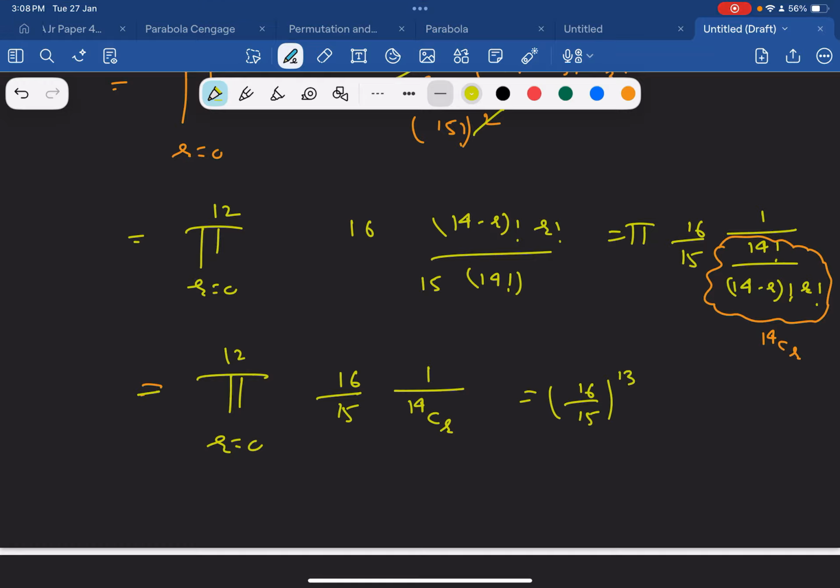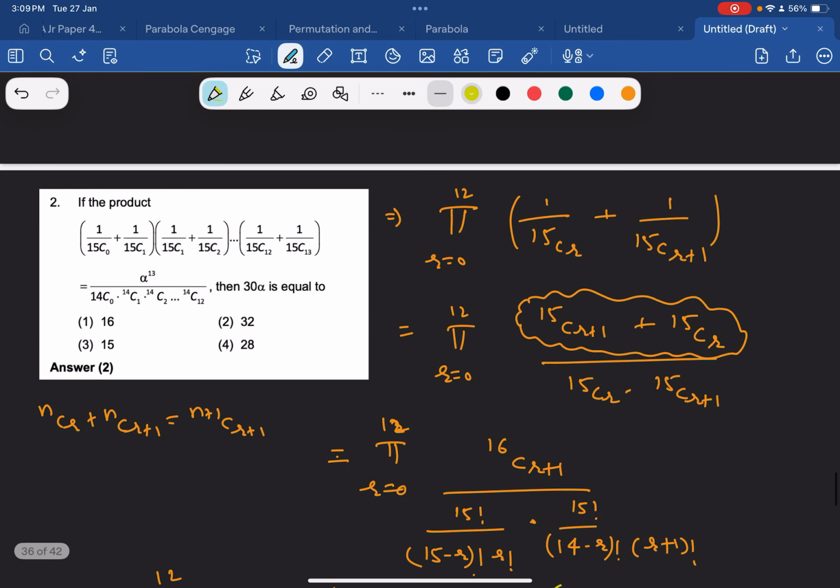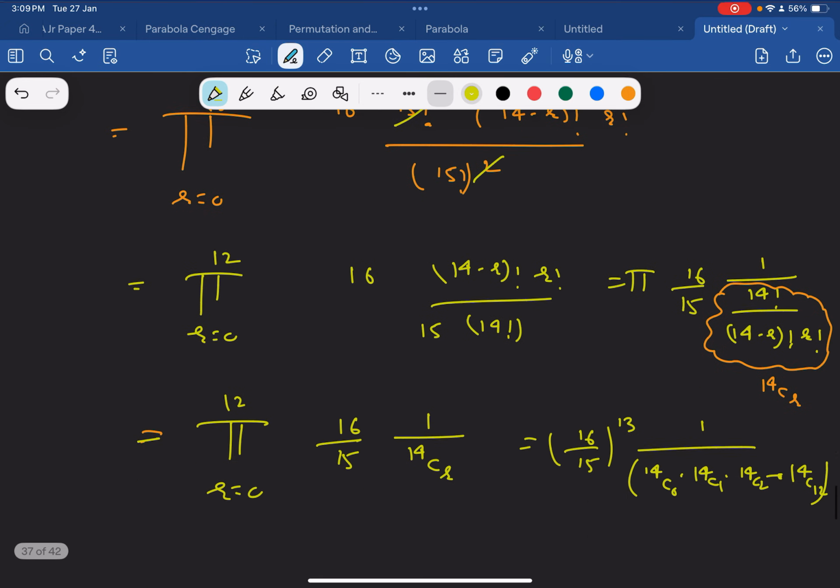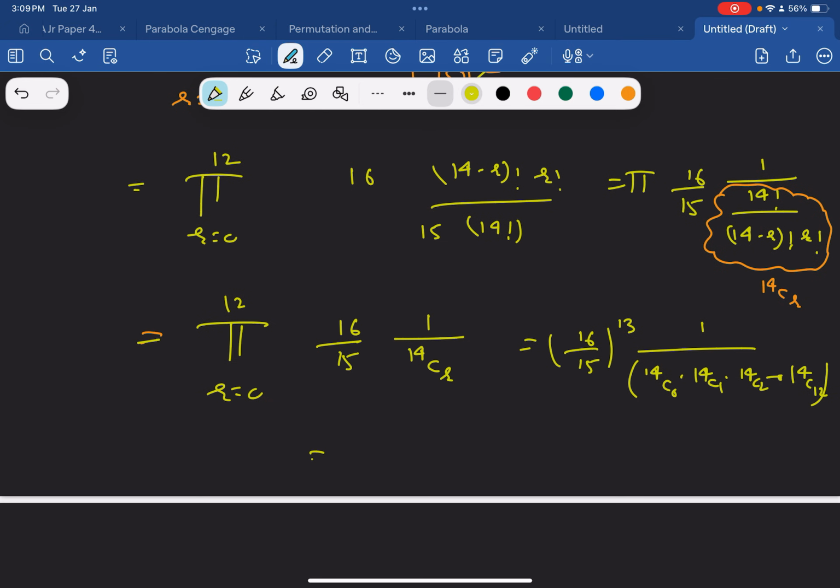So we can write 16 by 15 raised to power 13 and then 1 upon 14c0, 14c1, 14c2 and that is 14c12, correct? So in the question can you see that everything they have given up to here and alpha raised to power 13.